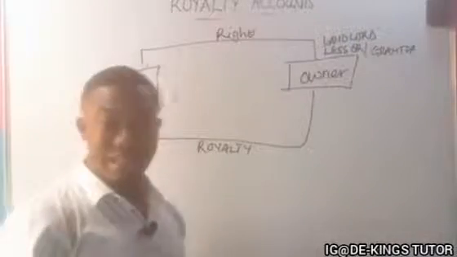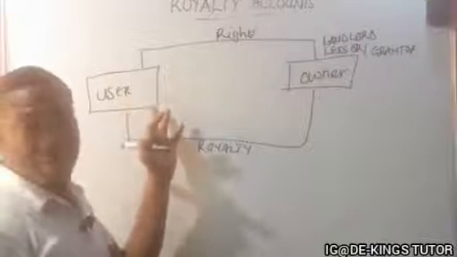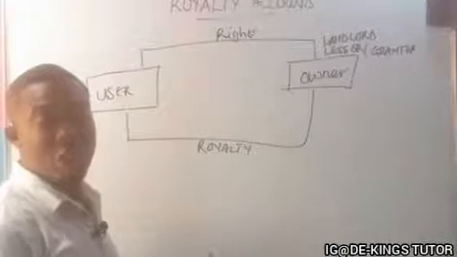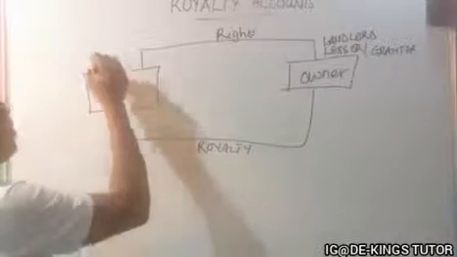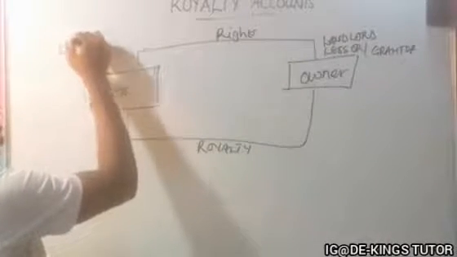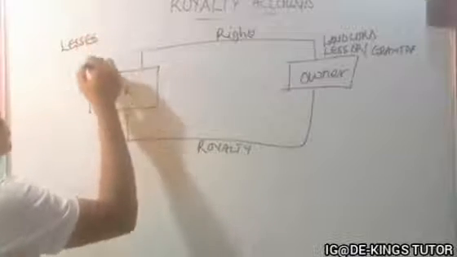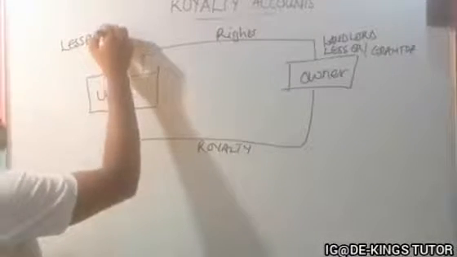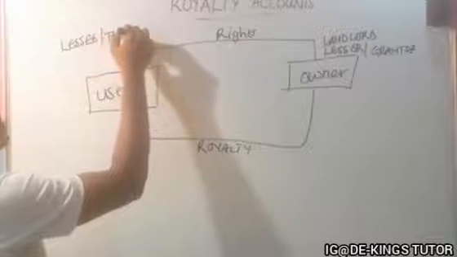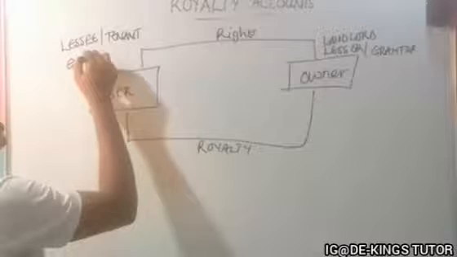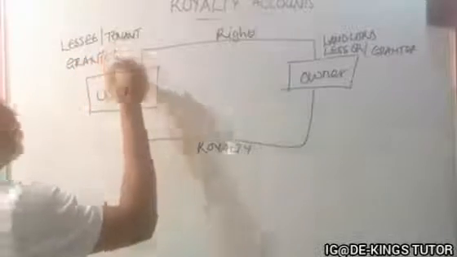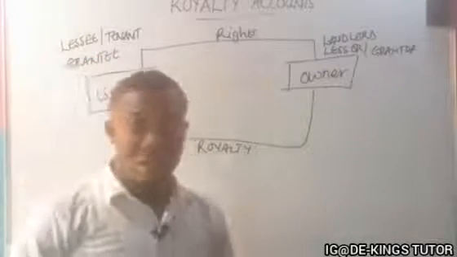These are names for the owner of that right. Once the owner gives the right to the user to make use of it for a specified period of time, this user can be known as the lessee, the tenant, or the grantee.